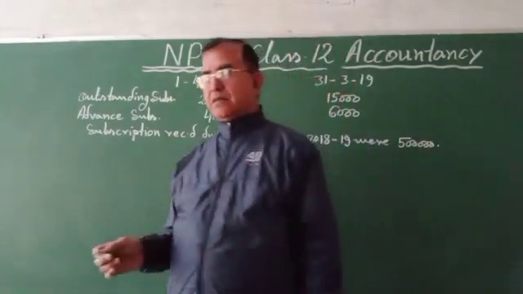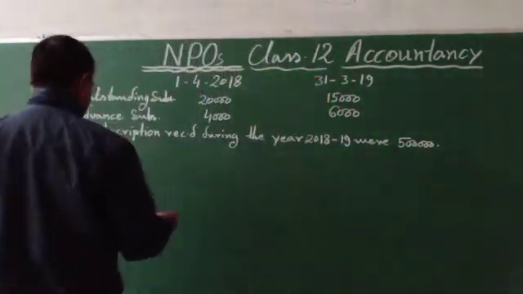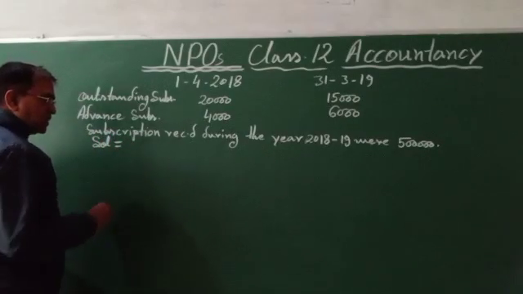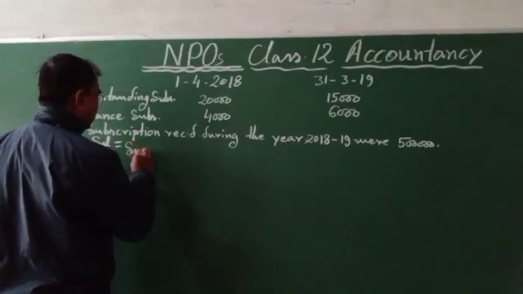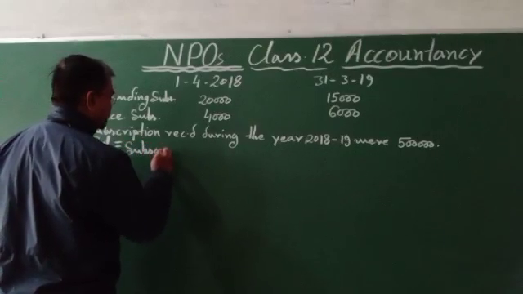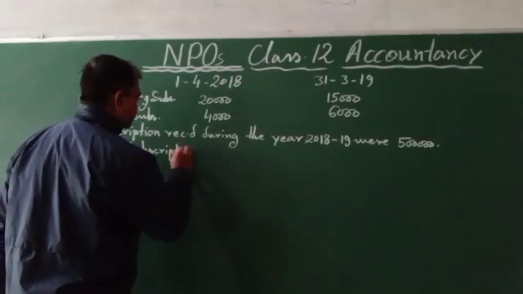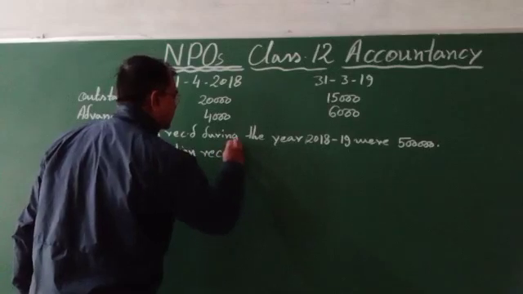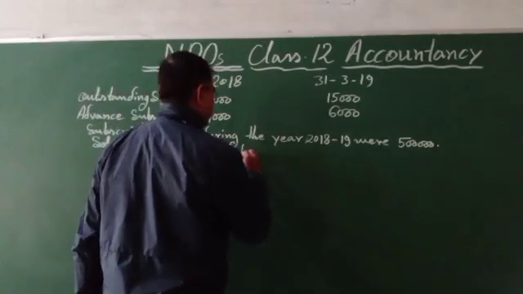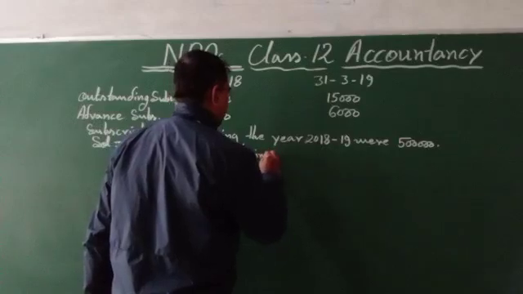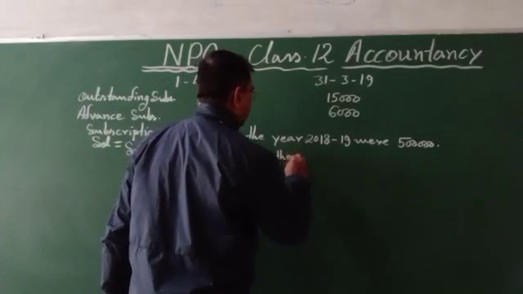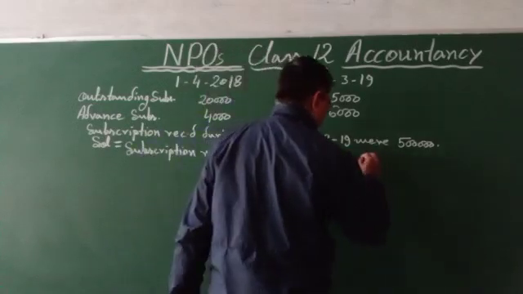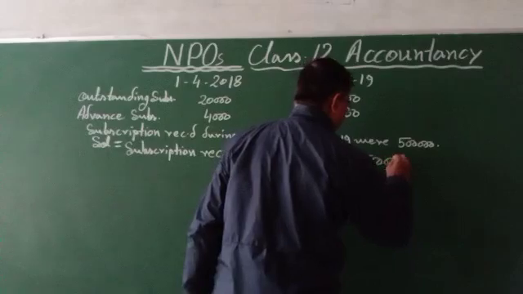Solution: the process, we have to write first, this way. Subscription received during the year is equal to 5 lakhs.